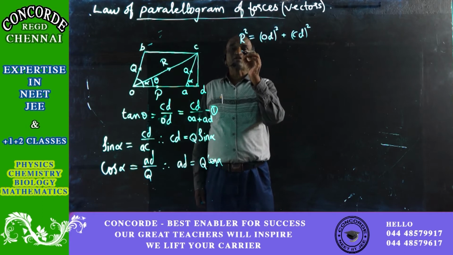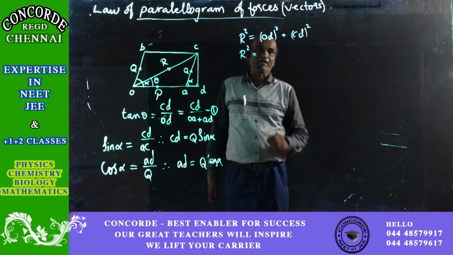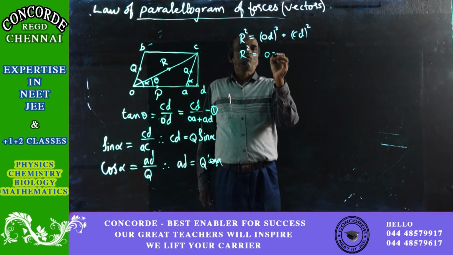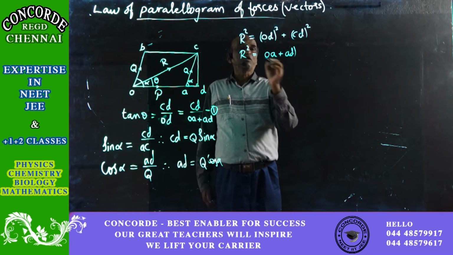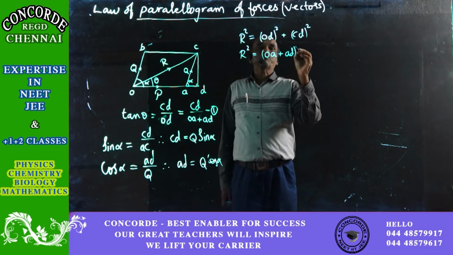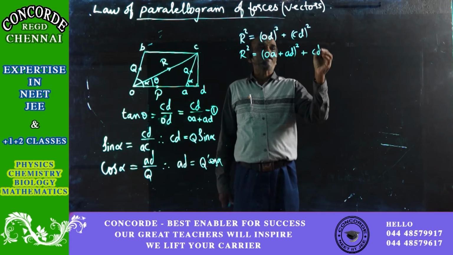What we know furthermore is that OD is equal to OA plus AD. So, OA plus AD, this whole is equal to OD. So, OD square will be OA plus AD whole square, and of course CD square which is there, write it down as it is.